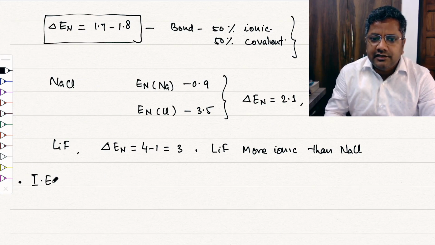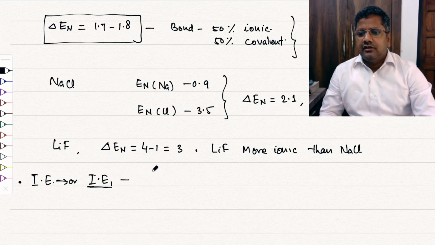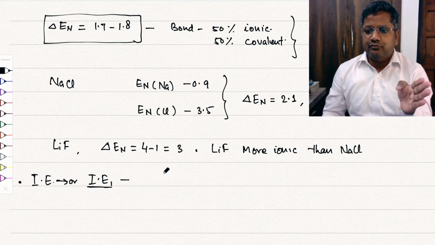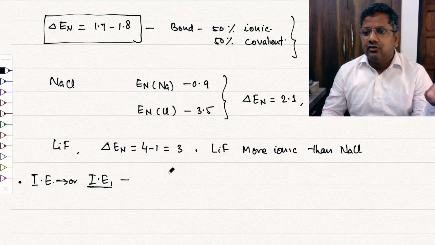So ionization energy, or IE1, because only one ionization energy is considered here. This is the lowest in the periodic table, because this group belongs to the extreme left of the periodic table. So this is the lowest in every period.